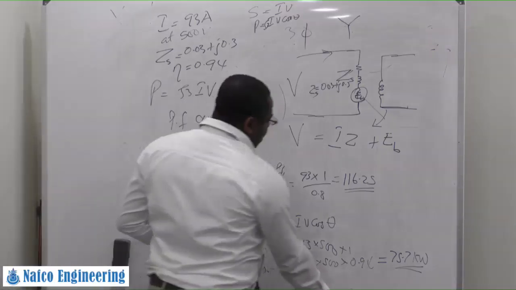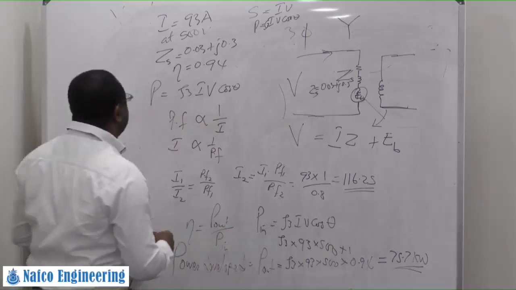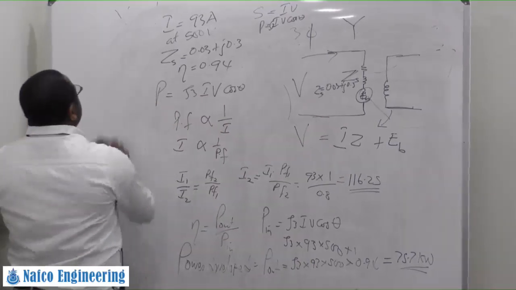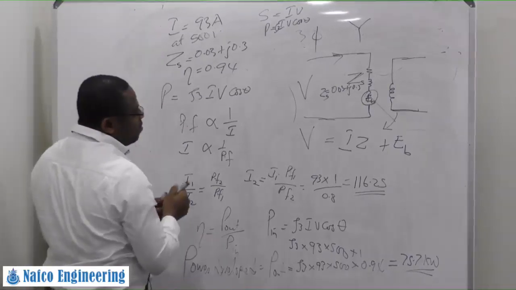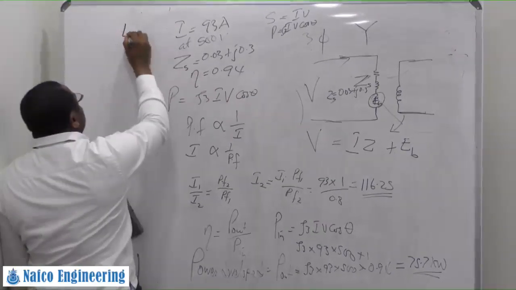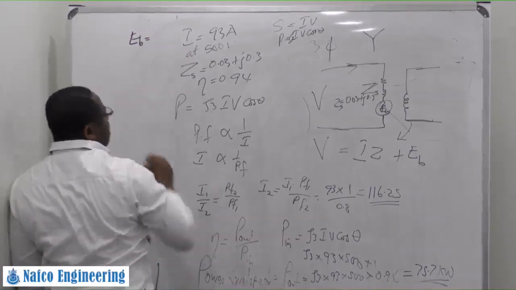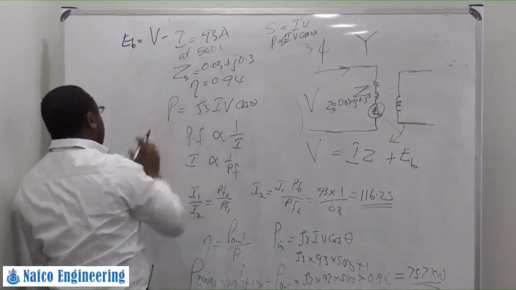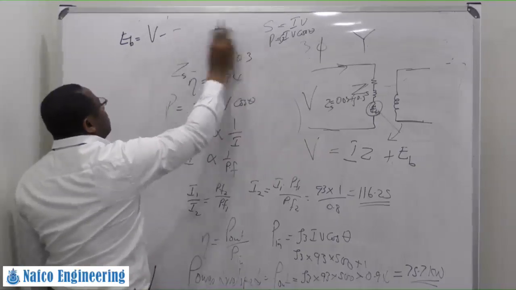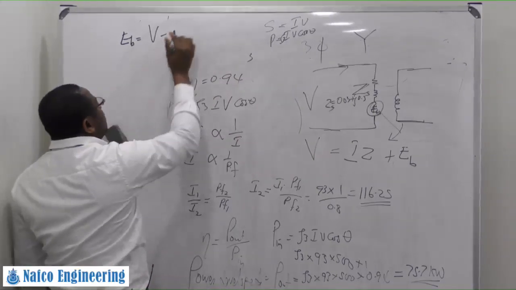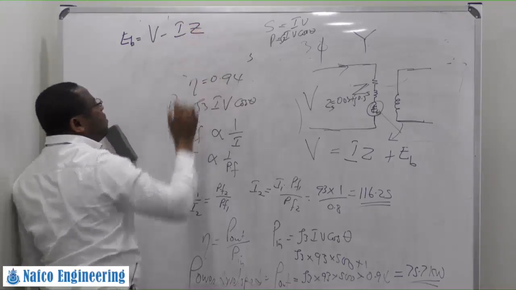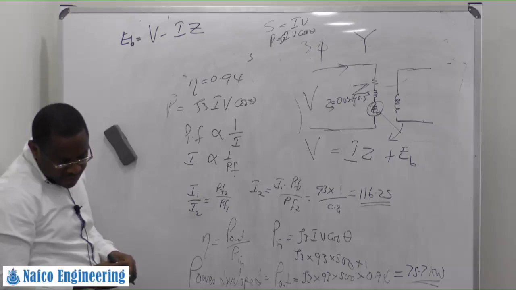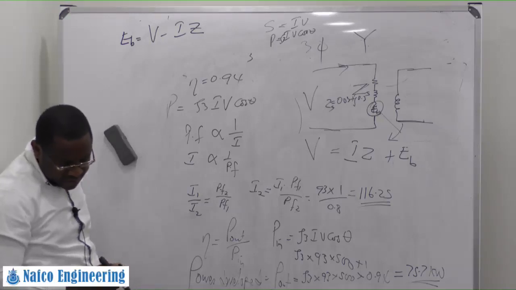So now if you want to calculate that, we go back to our equation. If they said you must calculate that, you have EB to be V minus IZ. V minus IZ, right? V minus IZ.